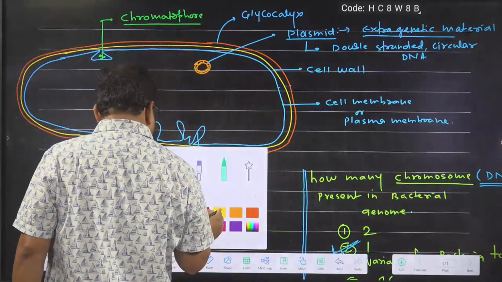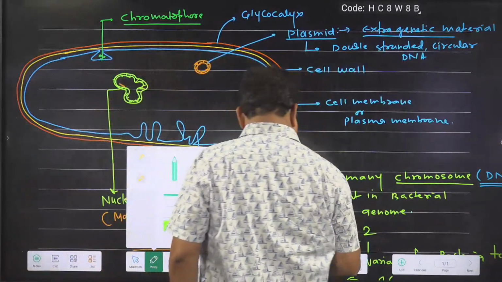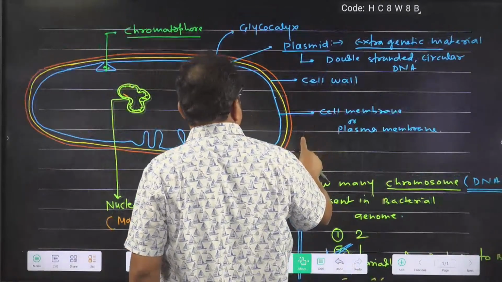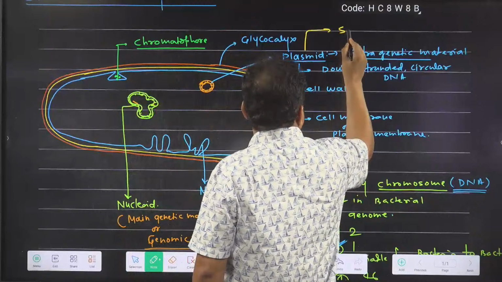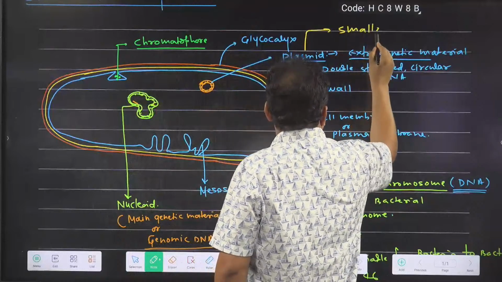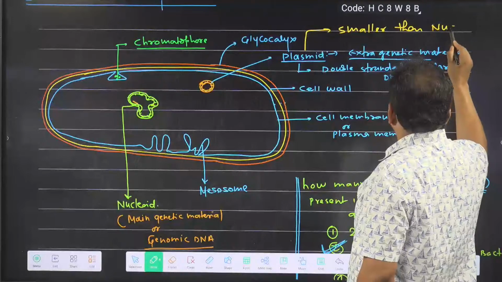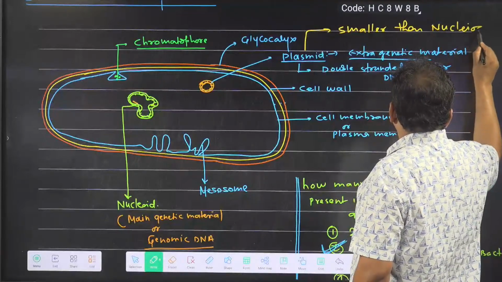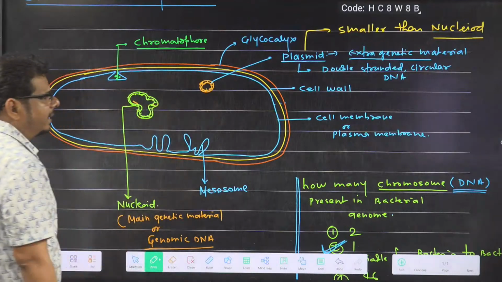And this plasmid is smaller than the main genome of bacteria. I am just writing, it is smaller than nucleoid. So you got a basic idea of the basic difference between main genome and extra genome.